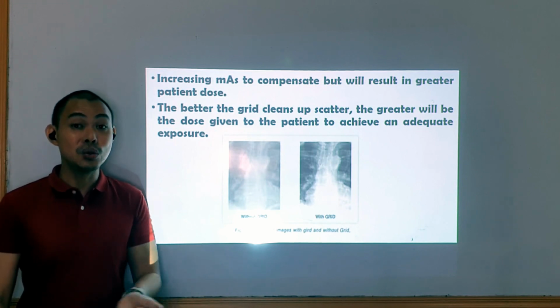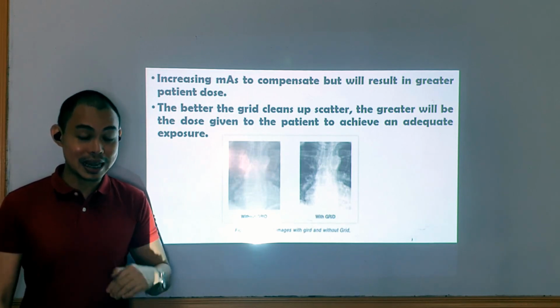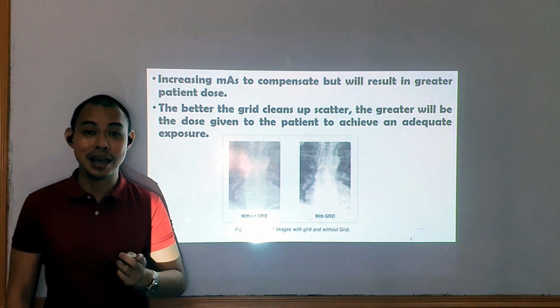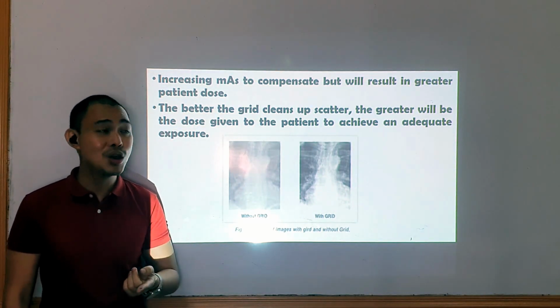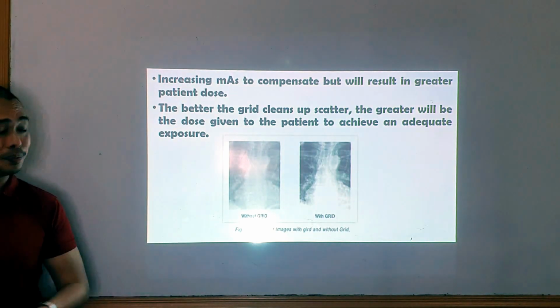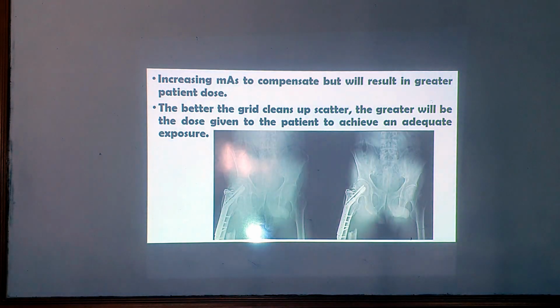And because of that, you need more X-rays to create an image. So that's why you need to increase your mAs. But in doing so, we are also increasing the patient dose. The better the grid cleans up scatter, the greater will be the dose given to the patient to achieve an adequate exposure. Can you see the difference, guys?